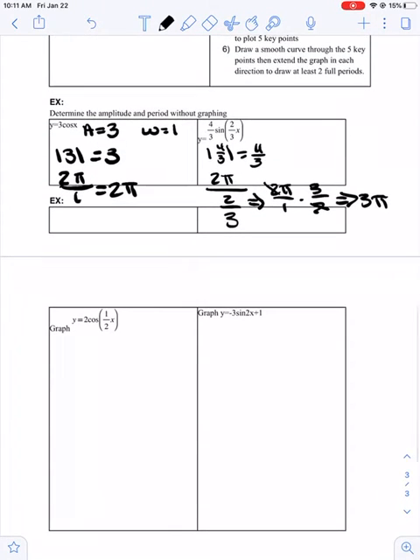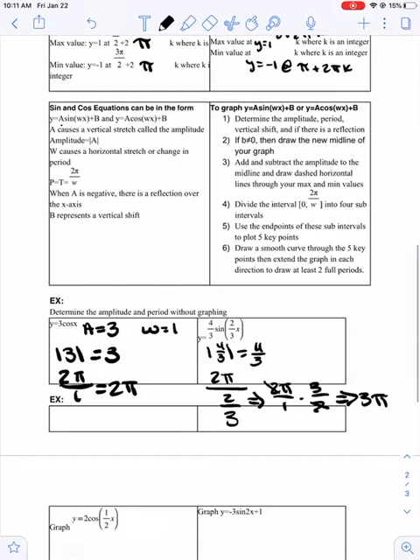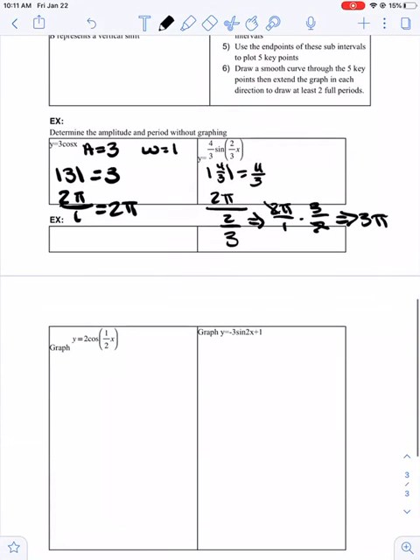But for these next two, we are going to graph. So first step, determine the amplitude, period, vertical shift, and if there's a reflection. So again, we have an A value of 2 and we have a W of 1/2. So our amplitude is the absolute value of 2, which is 2.